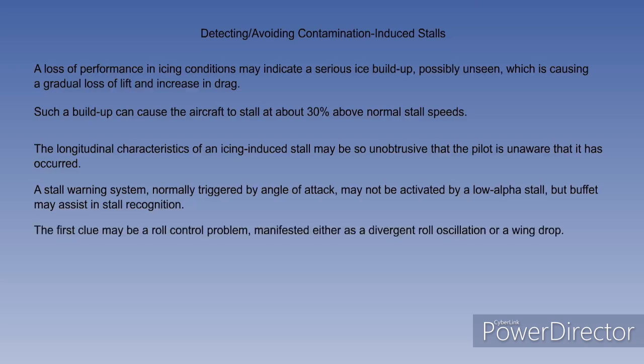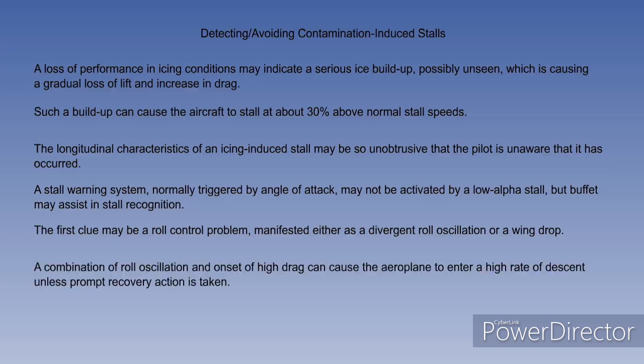The first clue may be a roll control problem, manifested either as a divergent roll oscillation or a wing drop. A combination of roll oscillation and onset of high drag can cause the aeroplane to enter a high rate of descent unless prompt recovery action is taken.